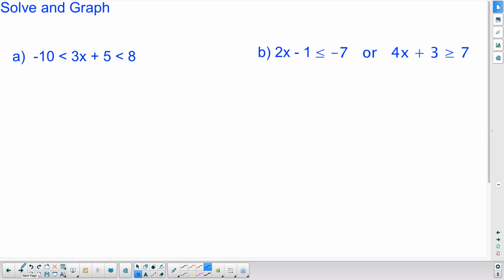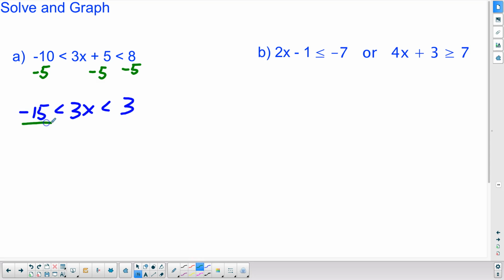Let's do this. I'm running low on time, so I'm going to go a little quickly on this. Subtracting 5 in the middle to get rid of that, which means I have to subtract 5 on both left and right sides. That gives me negative 15 is less than 3x is less than 3.